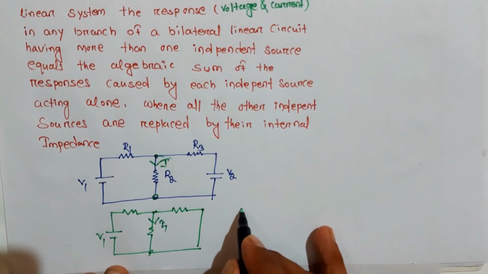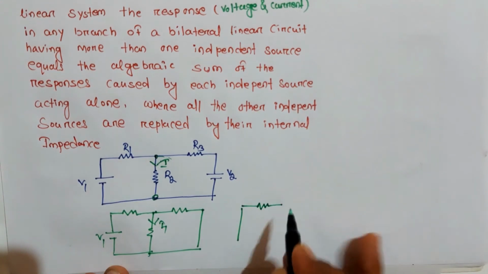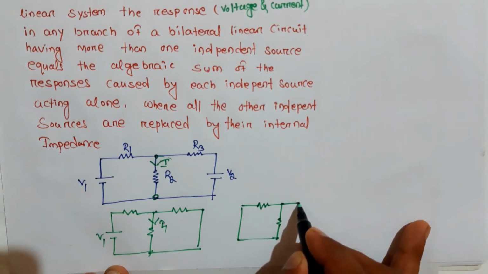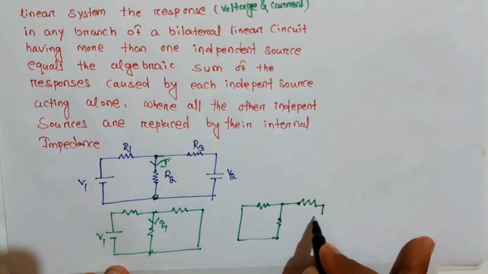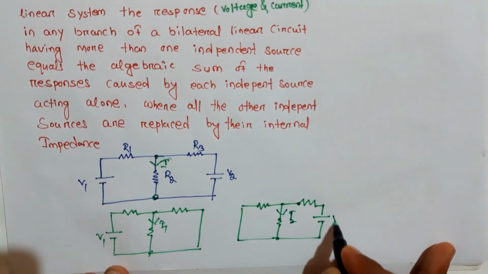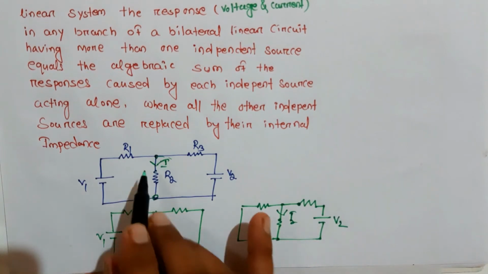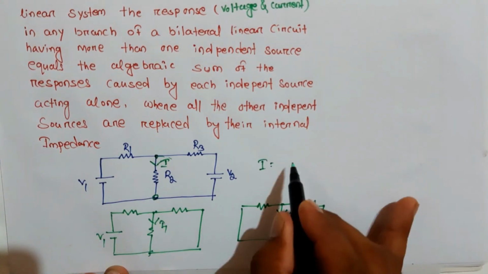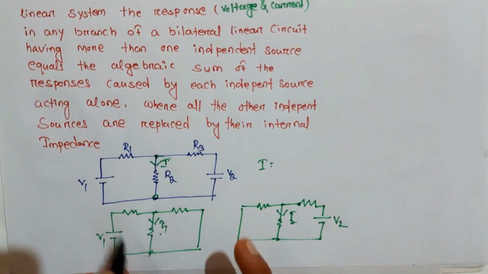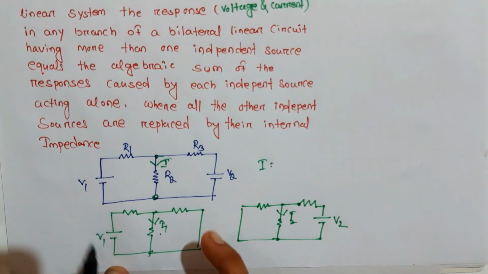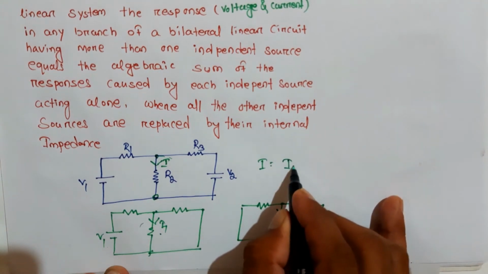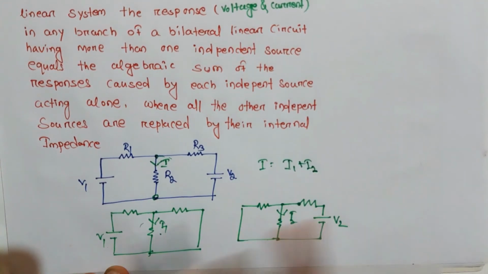Secondly, we deactivate V1 and only connect V2, let this be I2. This I is equal to the algebraic sum of I1 and I2. Algebraic sum means according to the current direction: if the currents due to this source and this source are in the same direction, then I is I1 plus I2.